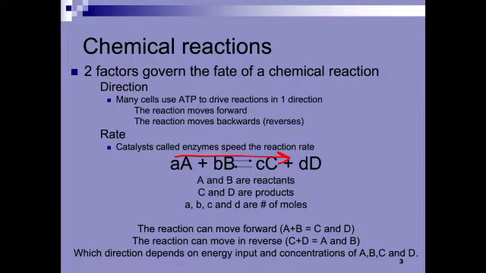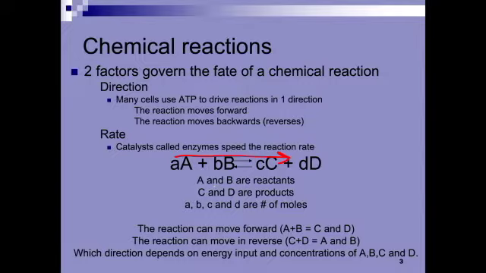Now, rate is determined by things like input of energy, and that input of energy could be in the form of heat, or it could be in the form of light, or some kind of wavelength. It could be agitation, physical energy. There's different things that can alter the rate of a reaction. But in metabolism and in cellular processes, the number one factor that really determines or governs a chemical reaction is the absence or presence of an enzyme.